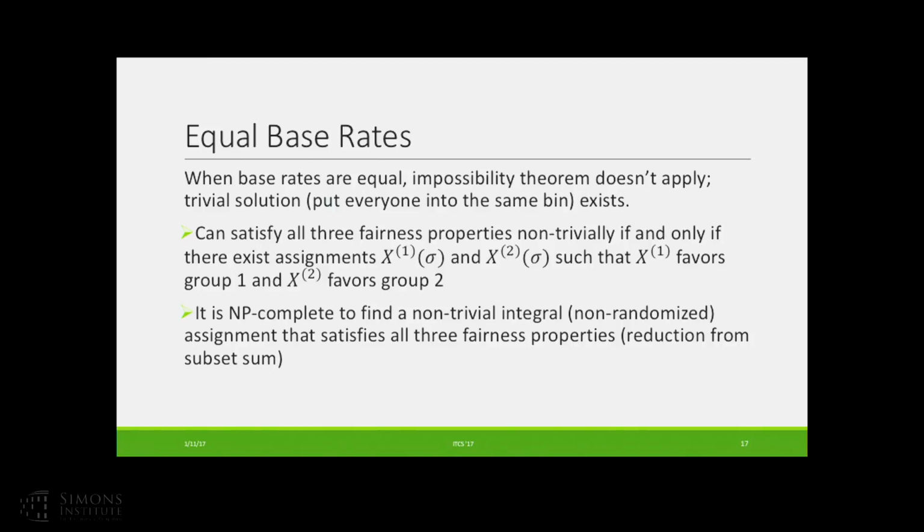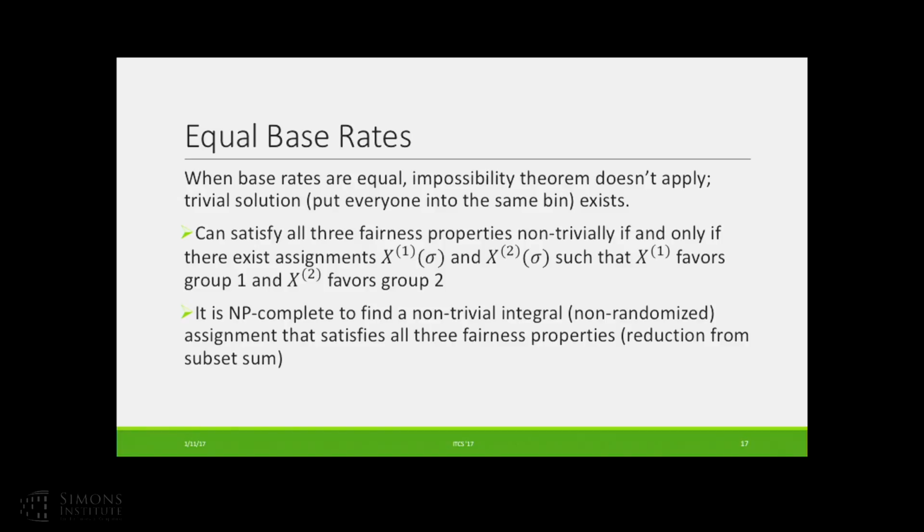Okay? The other thing that we know is that if you require your assignment to be integral, or this means non-randomized, so given a given sigma, I have to always output the same bin, or the same number, it's actually NP-complete to do this.